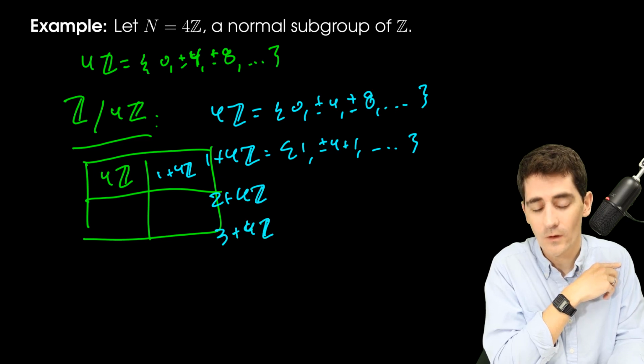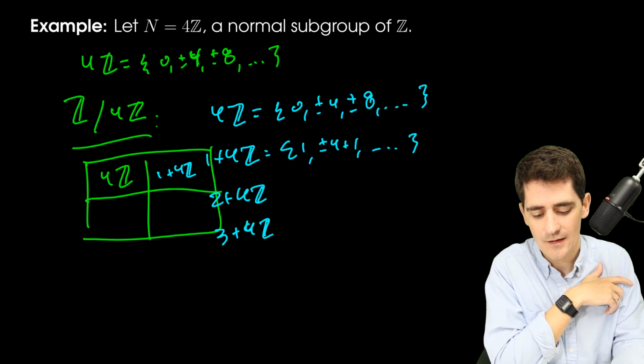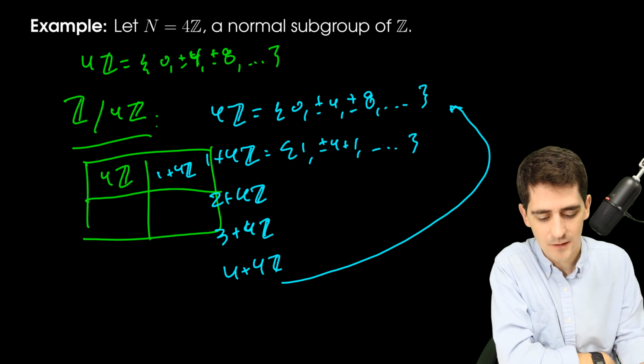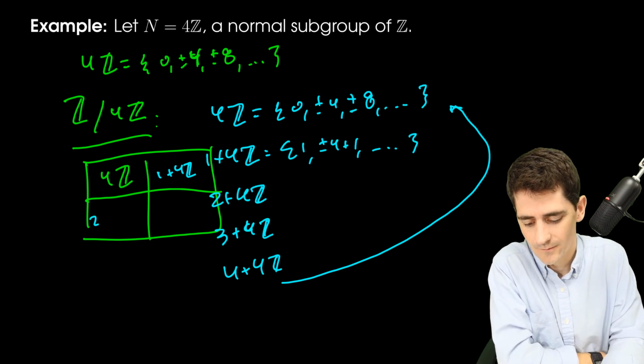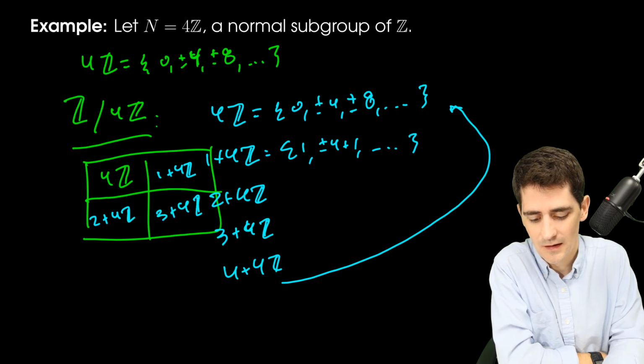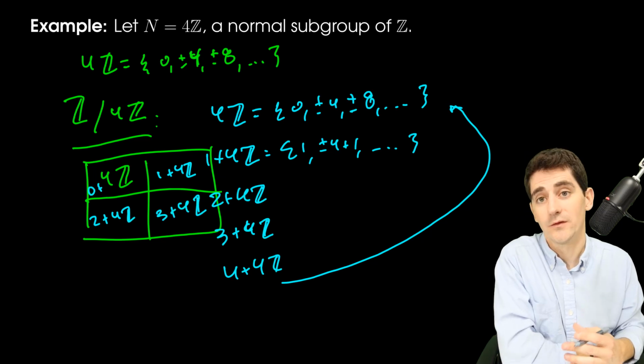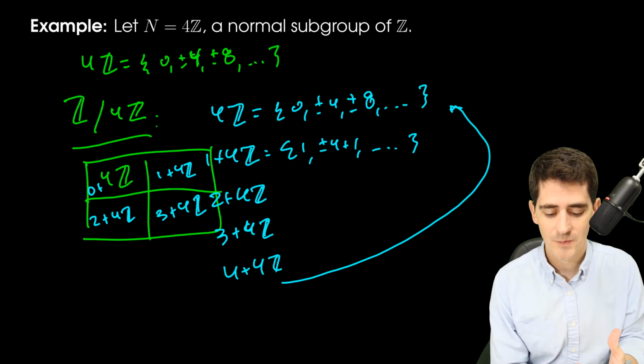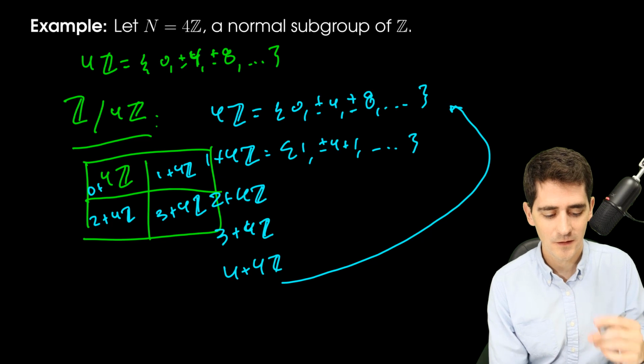And then if I do 4 plus 4Z, I end up back at the beginning. So my cosets are 1 plus 4Z, 2 plus 4Z and 3 plus 4Z, and maybe we can call that one 0 plus 4Z, the original.